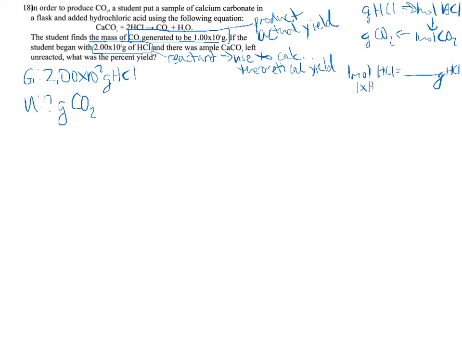So that's 1 times hydrogen, 1.008, and 1 times chlorine, that's 35.453, and these are both 1, so we just need to add these together, and we get 36.461.